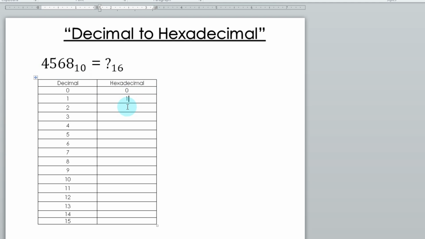Also 1 is 1, 2 is 2, 3 is 3, 4 is 4, 5 is 5, 6 is 6, and 7, 8, and 9 are the same. But when you reach 10, 10 becomes A in hexadecimal, 11 becomes B, 12 becomes C, 13 becomes D, 14 becomes E, and of course 15 becomes F.